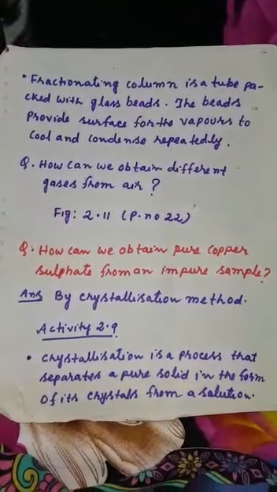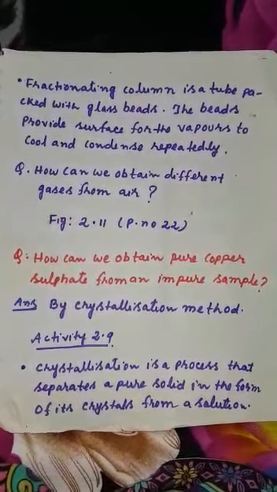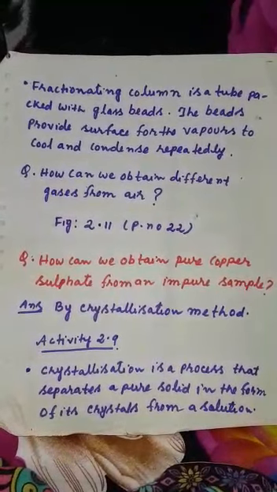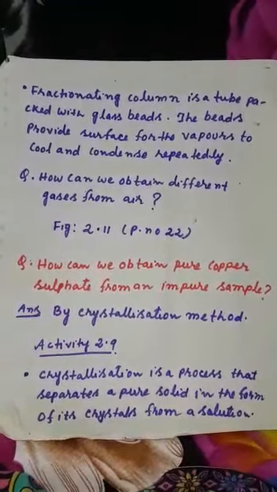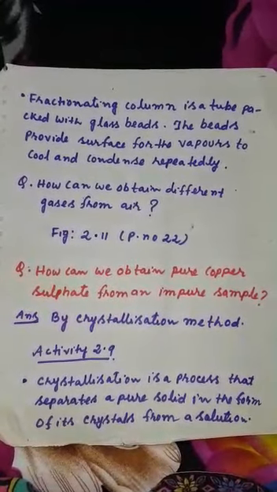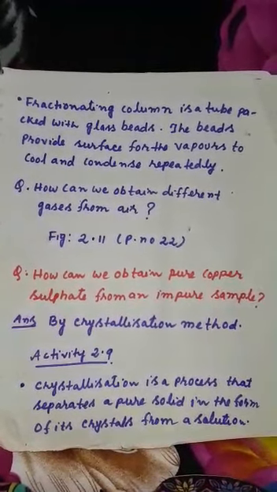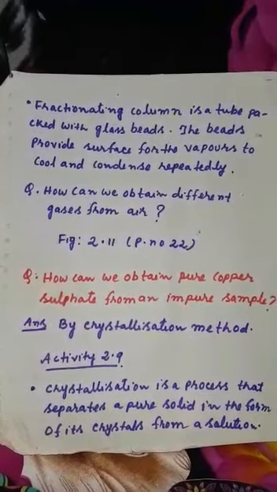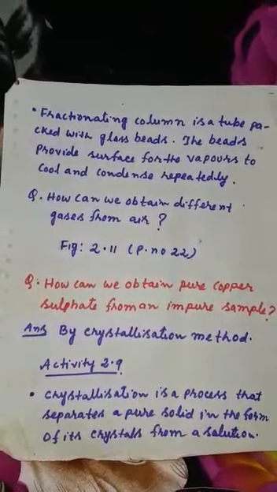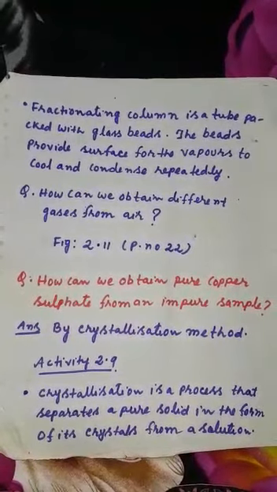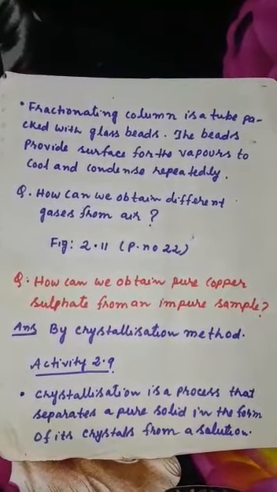Okay, then what we will do, if there are some visible impurities, we will separate them by filtration method. Okay, now the impurities that are dissolved in the solution, that we will separate by crystallization method. Now we will heat the solution and make a saturated solution of it.